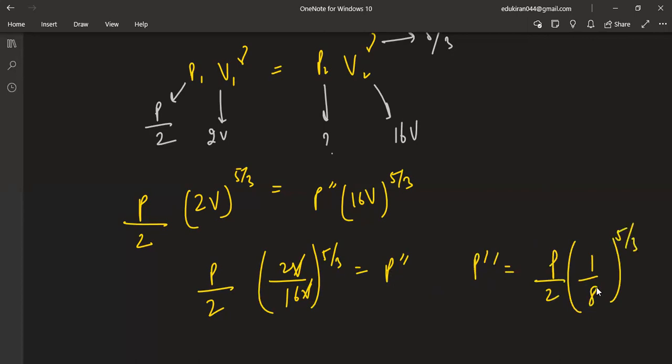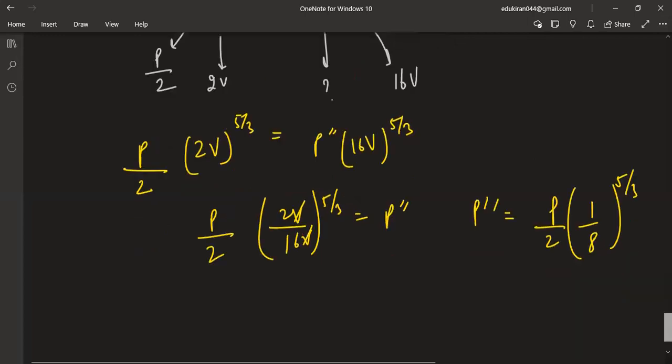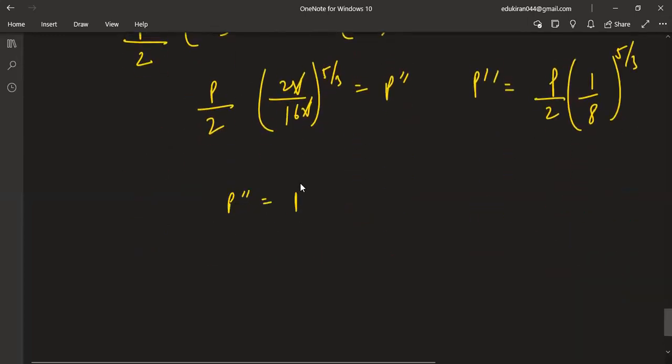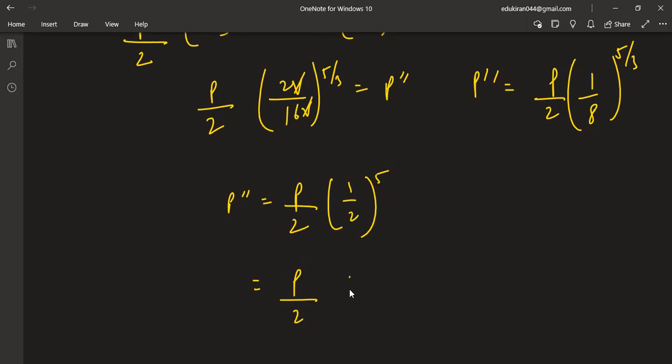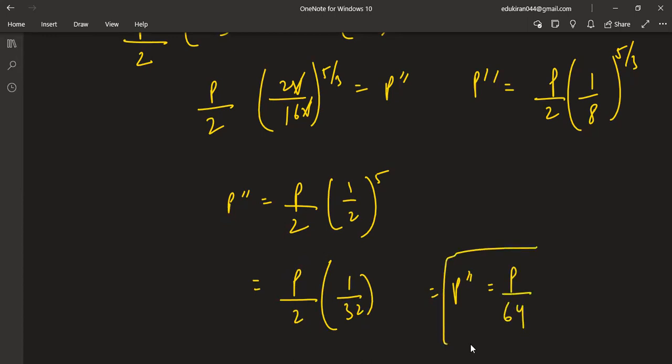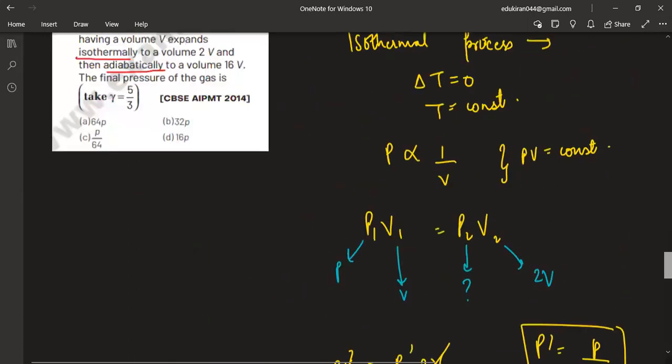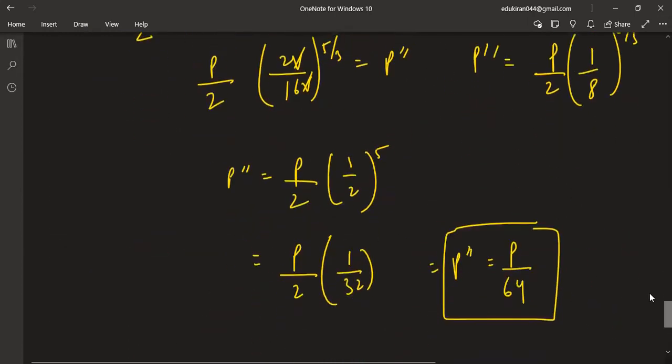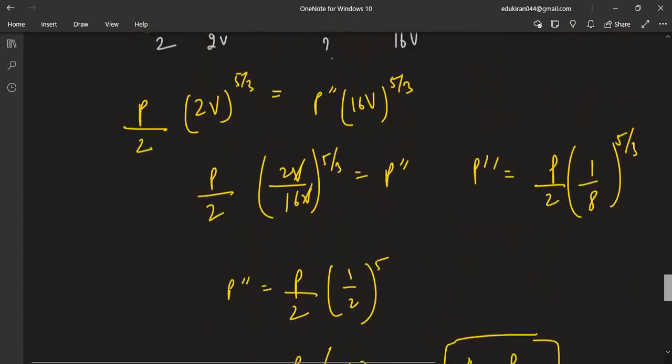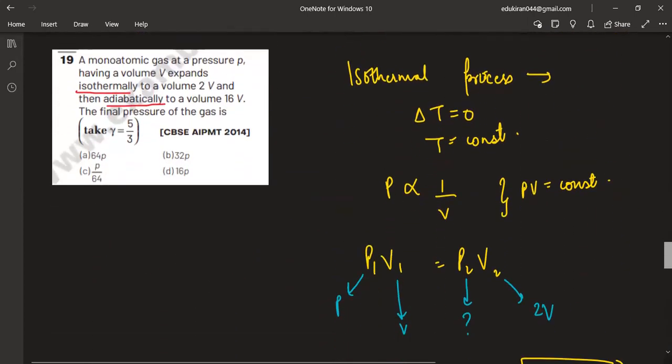The 1/3 power, that is the cube root of 8, becomes 2. So this becomes 1/2 to the power 5, which is 1/32. So P double dash becomes P by 2 into 1/32, which is P by 64. So it was option C, I think, the question. Yes, option C. Note it down, class.